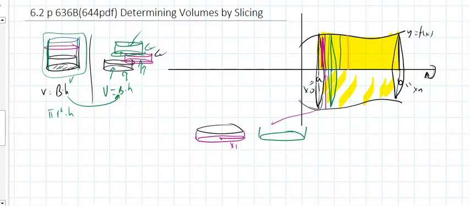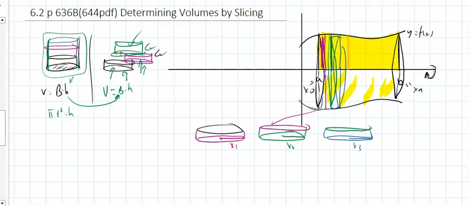Now, one thing you might be wondering, and I want to make sure you understand that, the radius is x sub 2. And if I look at the blue, there's the cylinder, and that radius is x sub 3.